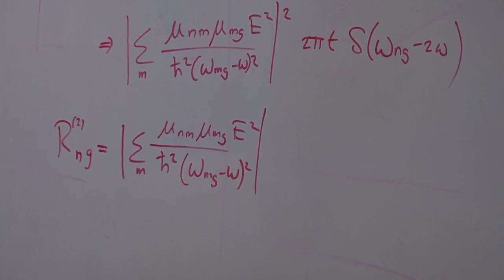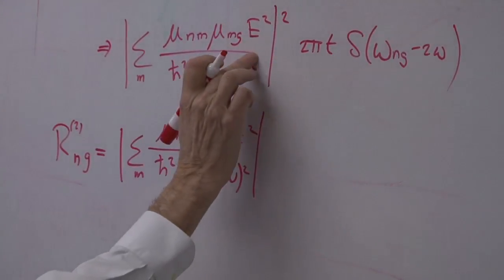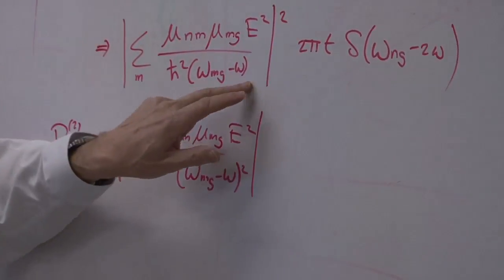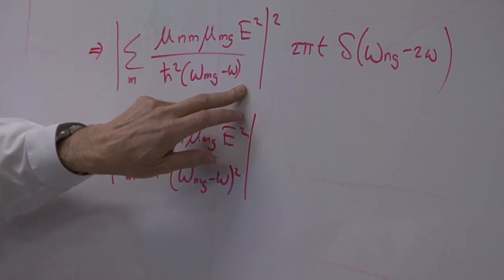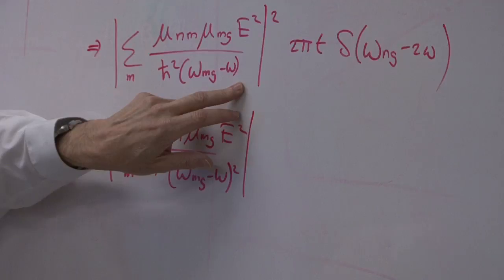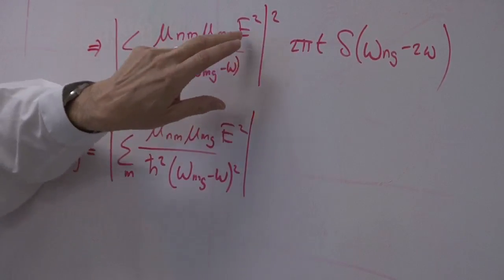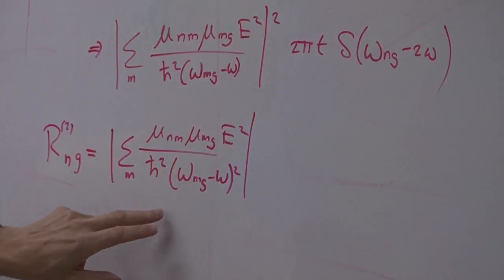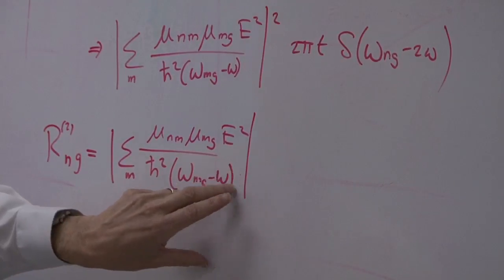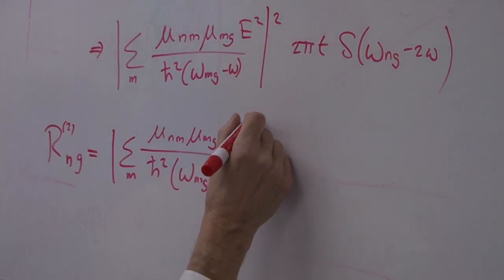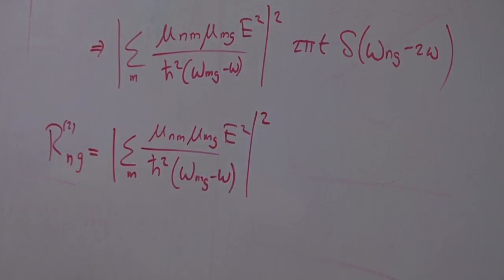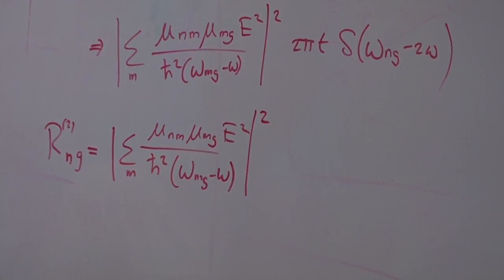Did I make a mistake? I squared it twice, I think. No, that 2 is not here. And this 2 is also not here then. So this is the transition rate.